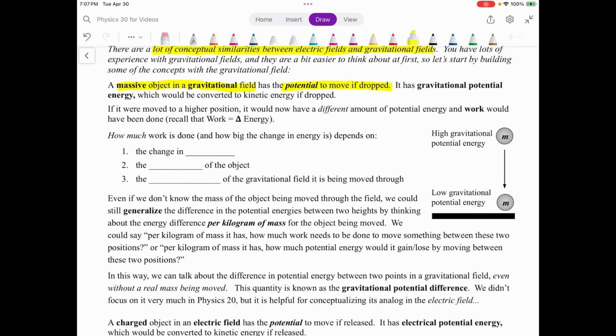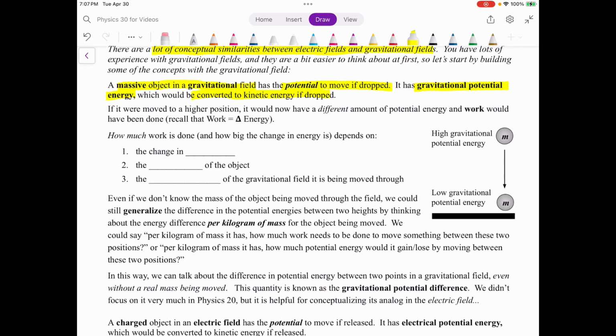So we studied this in Physics 20, and even in Science 10 you looked at it. This is the idea of gravitational potential energy, right? If you have an apple in your hand and you drop it, that gravitational potential energy gets converted into kinetic energy, right? So that energy is not created or destroyed. So when you drop it and it starts moving, you know it's getting kinetic energy.